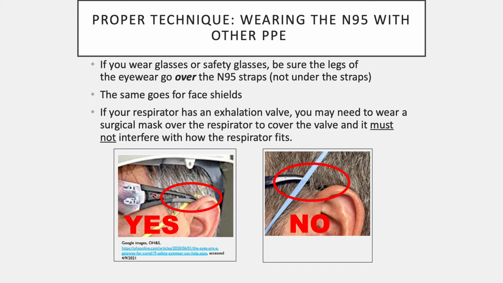If for some reason your respirator has an exhalation valve, you may need to wear a surgical mask over the respirator to cover the valve, and it must not interfere with how the respirator fits. You can see from the pictures the correct way to wear safety glasses.